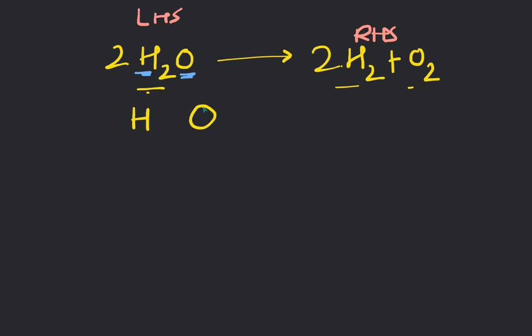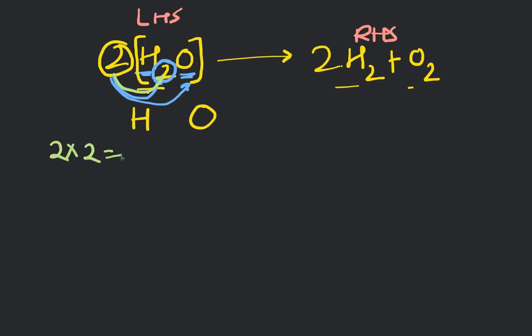Yeah. So tell me how many hydrogen are present. If this 2 is written on the outer side, it means it is getting multiplied with both of the numbers, to hydrogen also and to oxygen also. Since hydrogen already has a 2 with it, this 2 gets multiplied with the 2 over here, so it becomes 2 multiplied by 2, that is 4.